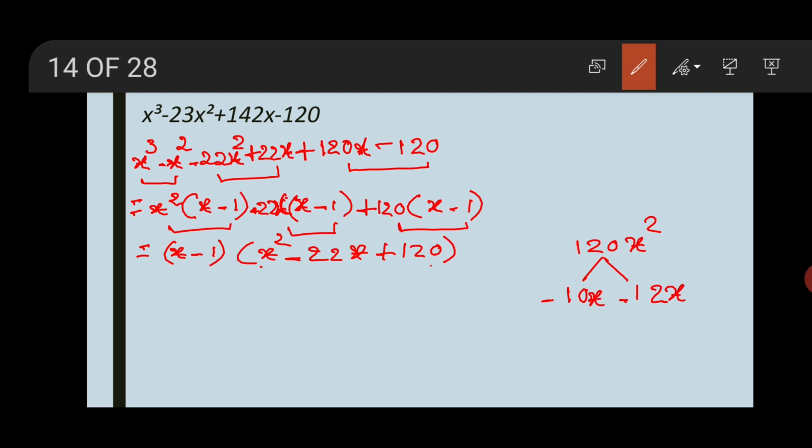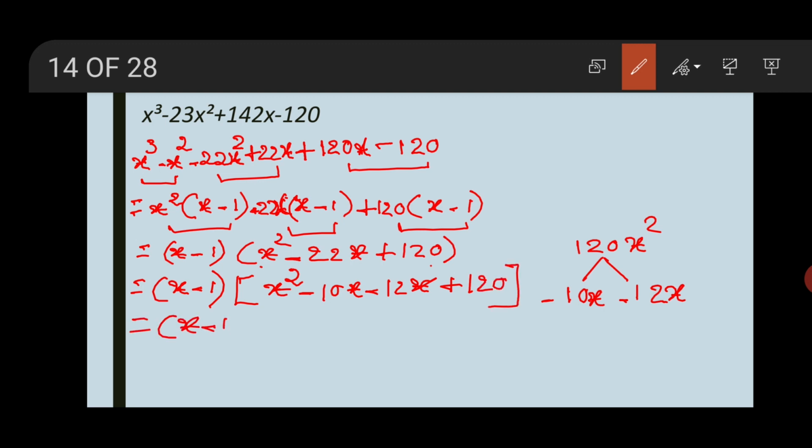So minus 10x and minus 12x. Now write the first term as it is. The trinomial will be written in the form of x square minus 22x split into minus 10x minus 12x. Last term plus 120 keep as it is.